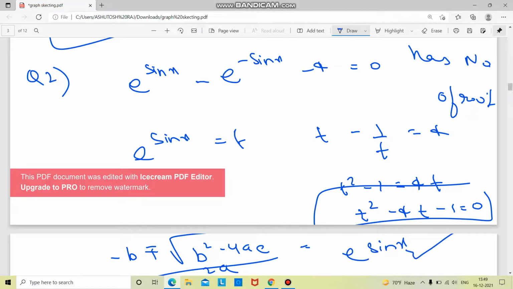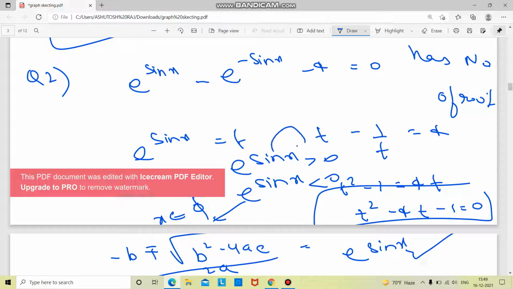We will check any value which comes out negative. E to the power sin x is always positive, so it cannot be less than 0, and from there we will get the number of roots, which you can easily calculate. We will proceed further.